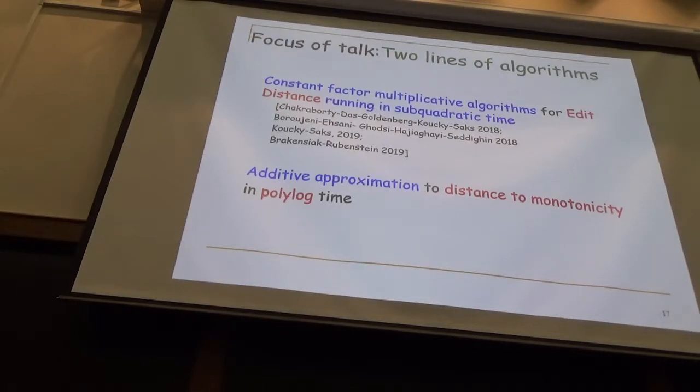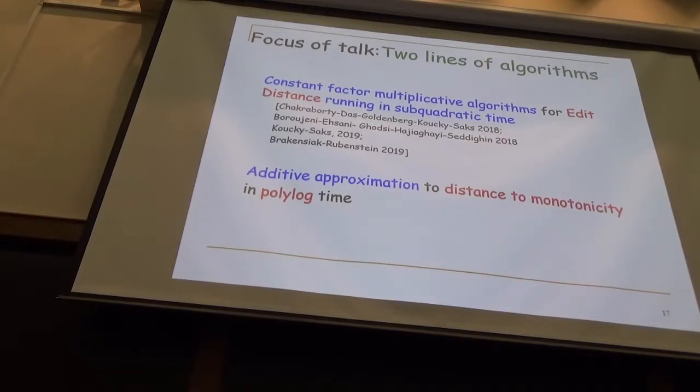And the other is the distance to monotonicity problem, which again is that problem on a single string. Just find the longest increasing subsequence. So it's to find how many elements you have to delete to make the thing an increasing sequence. And there you can get an additive approximation in polylog time. So just to emphasize, that means that your approximation algorithm doesn't even look at the entire input, right?